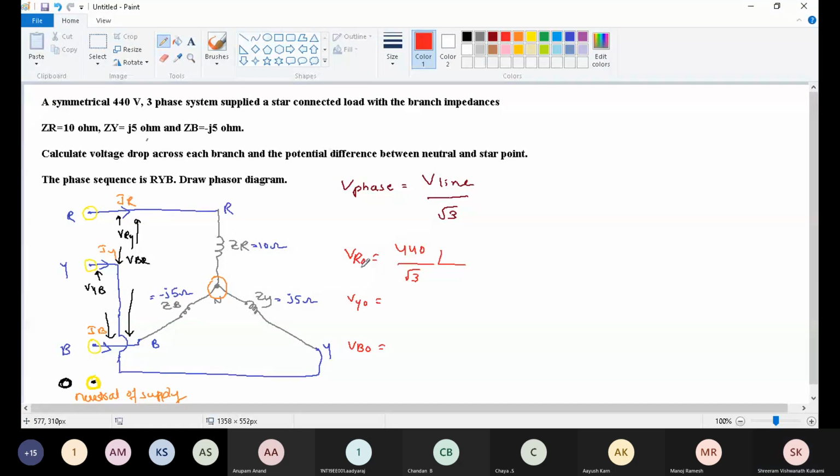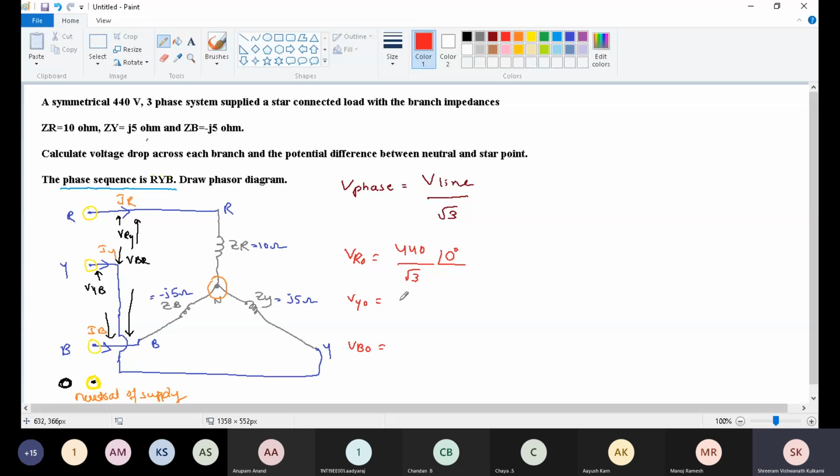Yes, 0 degree. Why? Because in the question they have given that the phase sequence is RYB, so I am going to take R as my reference. So 0 degree, minus 120 degree, minus 240 degree.